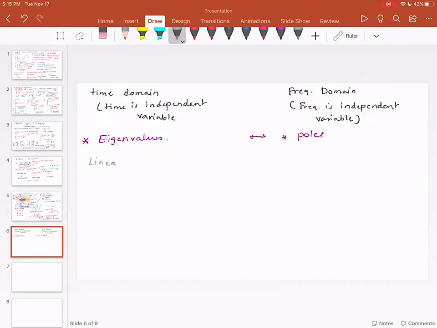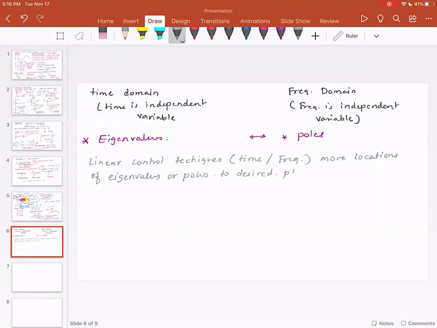Linear control techniques, whether they are in the time domain or the frequency domain, the fundamental purpose is to move the location of eigenvalues or poles to a desired place.